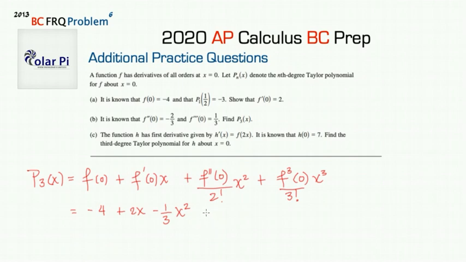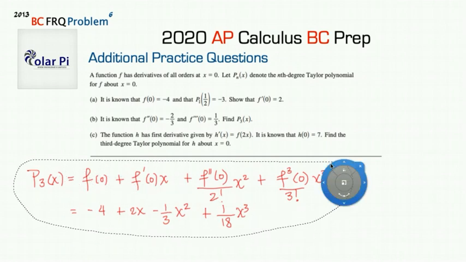And then plus f triple prime of 0 is 1/3, but then we have to divide by 3 factorial, which is 6, so it's really 1 over 3 times 6, which is 18 in the denominator, and otherwise we've got x cubed. And so I simplified, and this is an efficient way to answer part B.